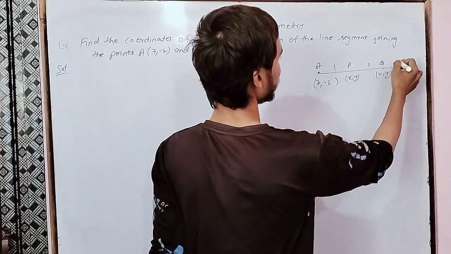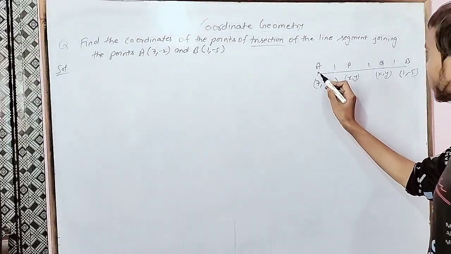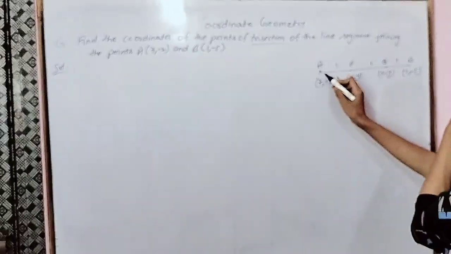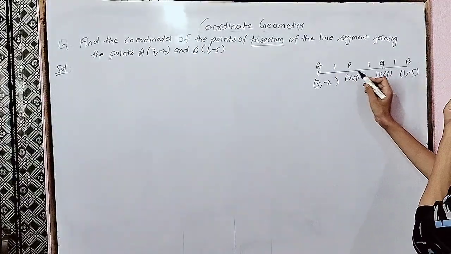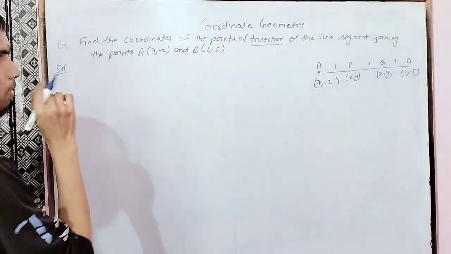This is 1, this is 1, this is 1. First we will find AP and then PB. So here we will apply the section formula.